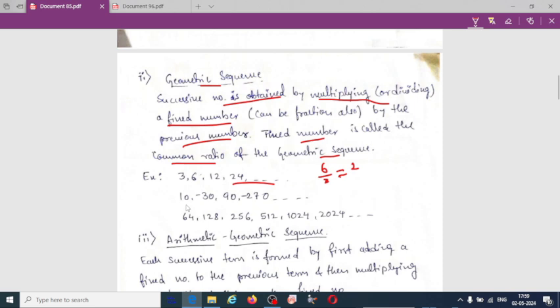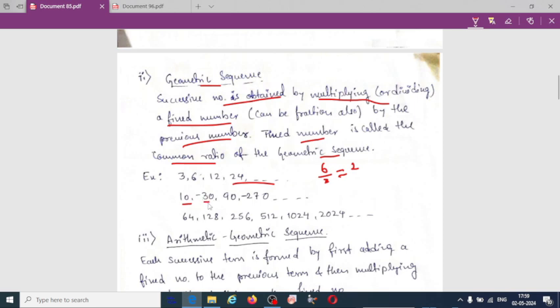Here if you take 10, minus 30, 90, minus 270: minus 30 by 10 is minus 3, 90 by minus 30 is again minus 3.